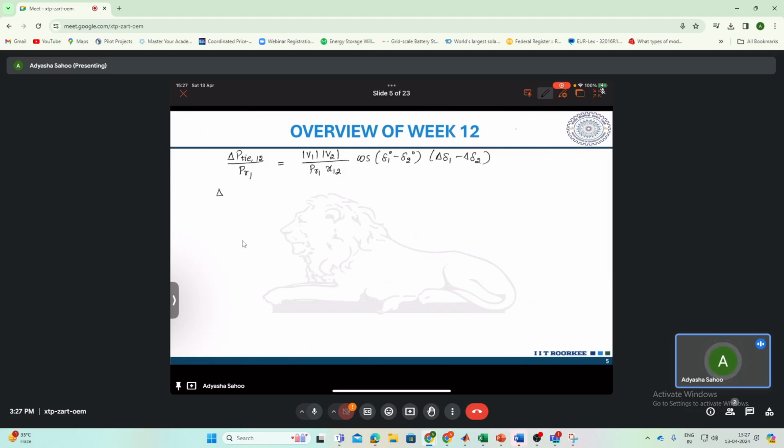So in per unit, del P tie 12 in per unit will be this T12 into del delta 1 minus del delta 2, where this T12 will be nothing but V1 V2 cos of delta 1 naught minus delta 2 naught divided by PR1 X12.